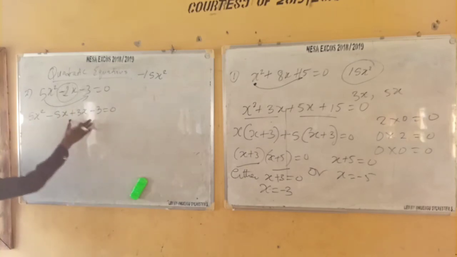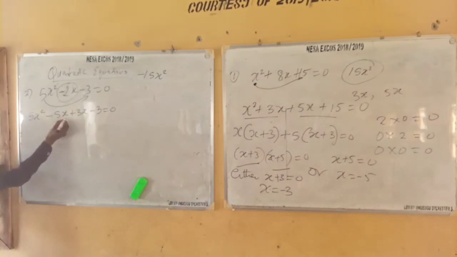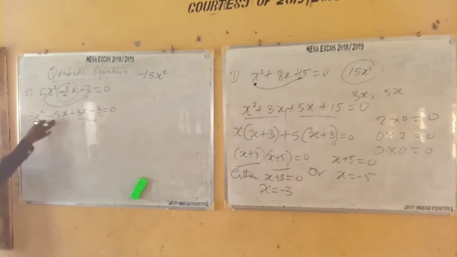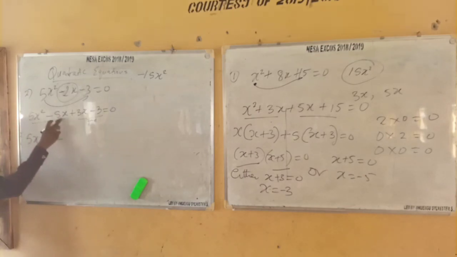So here, we have now formed 4 terms. You group them in pairs. This is the first, and this is the second. What is the common factor here? Not only x, 5x. So you write 5x, put your bracket. 5x squared divided by 5x gives us x. And minus 5x divided by 5x is minus 1.